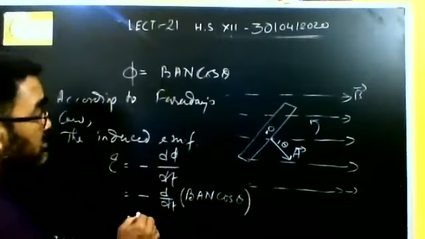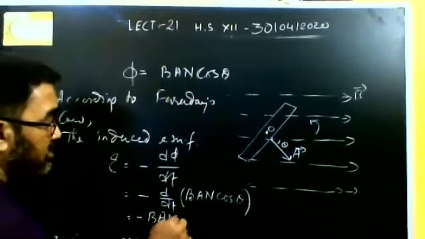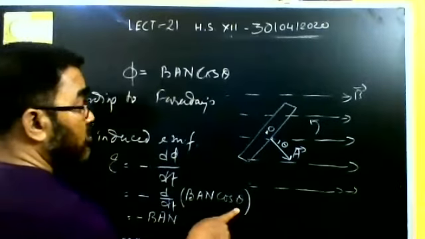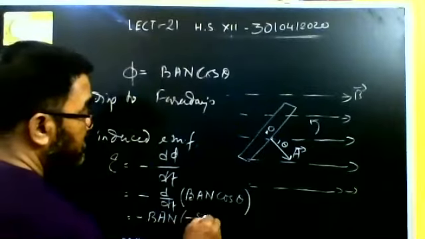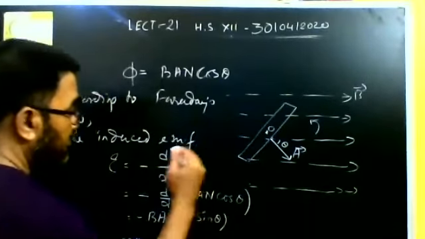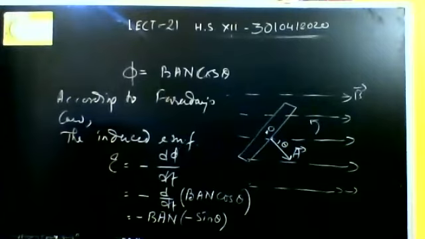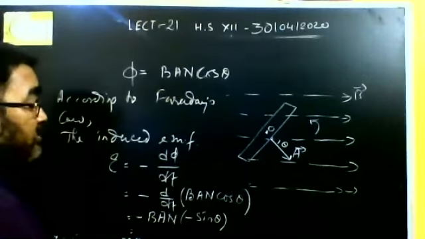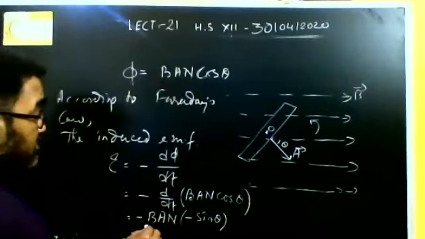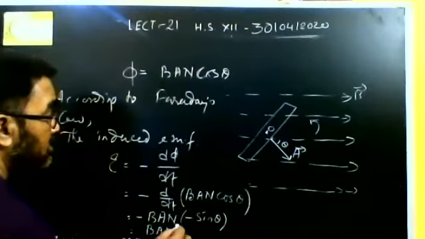So minus, B is a constant, A is a constant, N is a constant. Differentiation of cos theta is minus sin theta. So minus minus will be plus B A N.